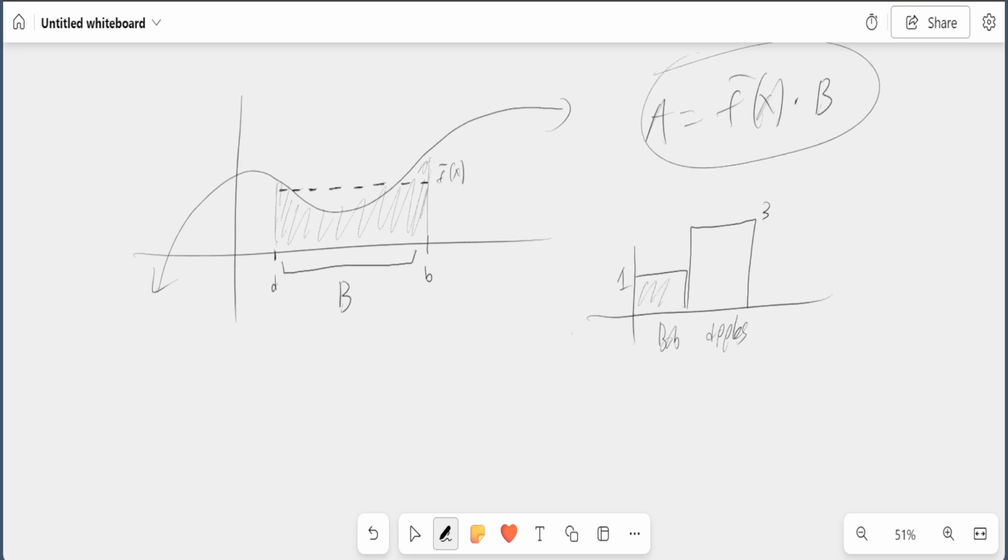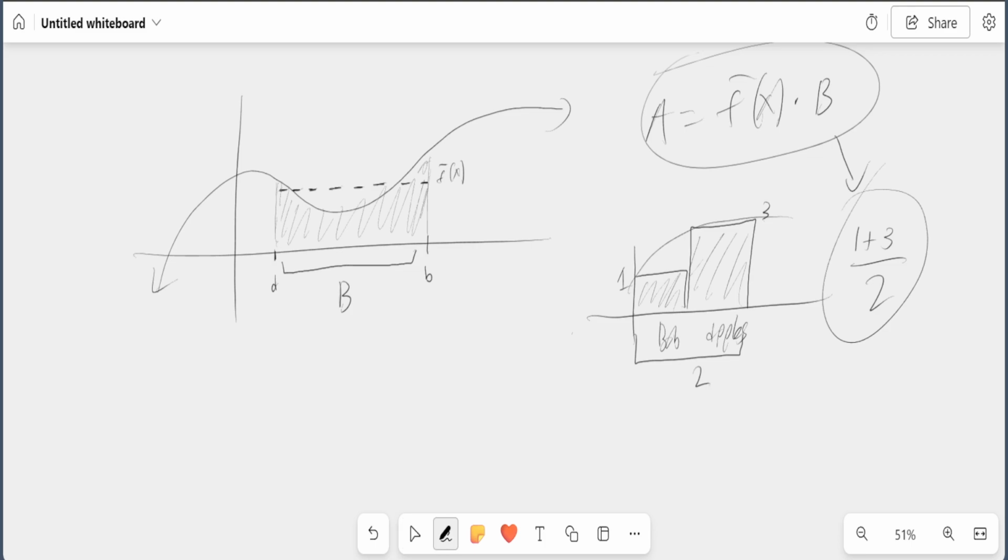Because we'll take the area of this, 1, plus the area of this, 3, divide by the base, 2. It's just a Riemann sum, like a Riemann sum of the definition of the average value. So, yeah, I guess that's interesting.